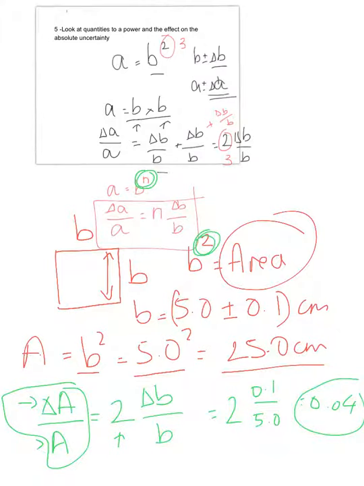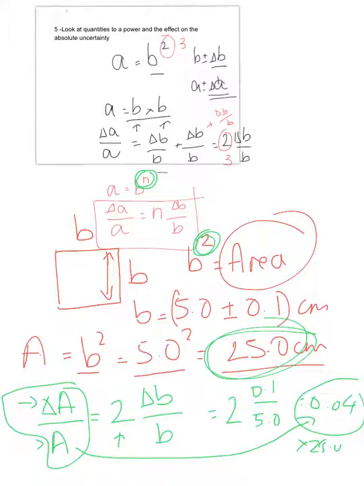So now I'm going to multiply 0.04 by the actual area, which is 25. Okay, so 0.04 times 25 equals 1. So our final answer is 25 centimeters plus or minus 1 centimeter. You can get rid of that centimeter there and put it here. Okay? 25 plus or minus 1.